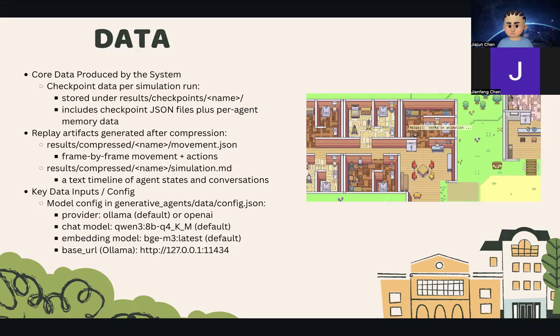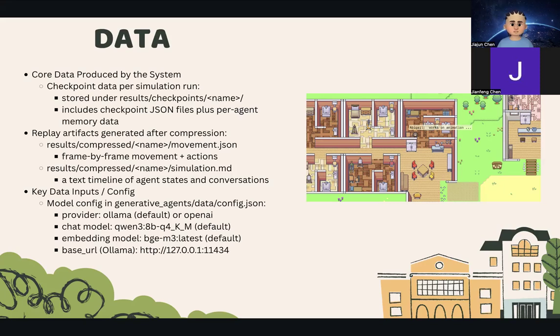Another, the replay data, can be found in the URL. After we play, our files are directly stored in a compressed file. It has two parts, which are movement and simulations. In the movement part, it's basically frame-by-frame movement actions.